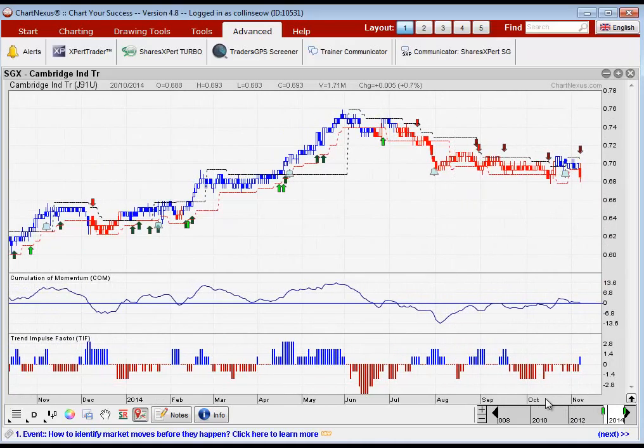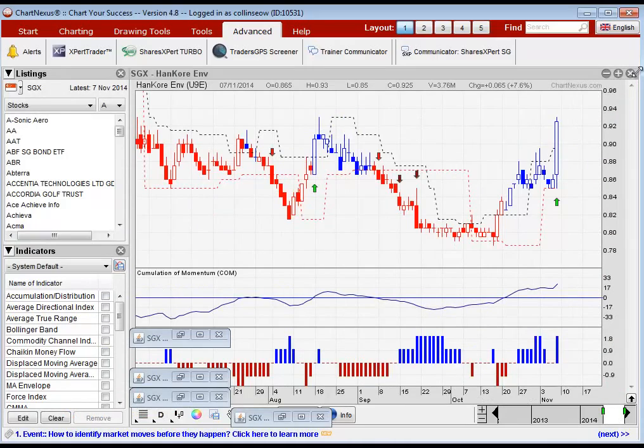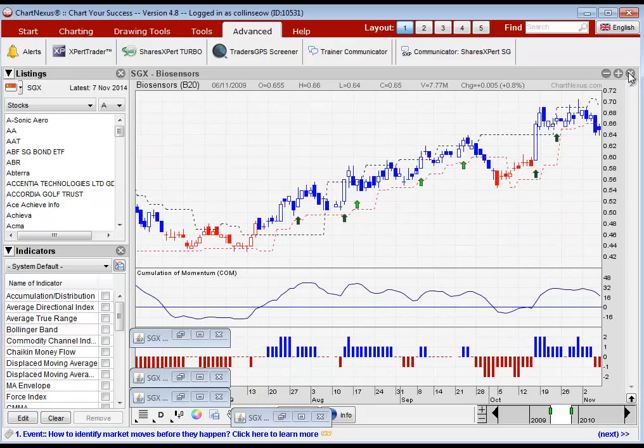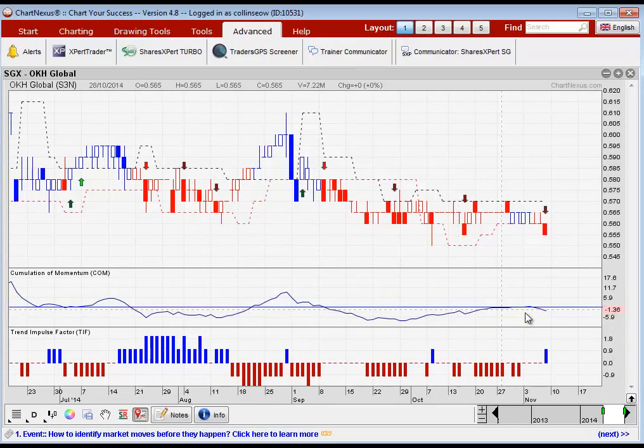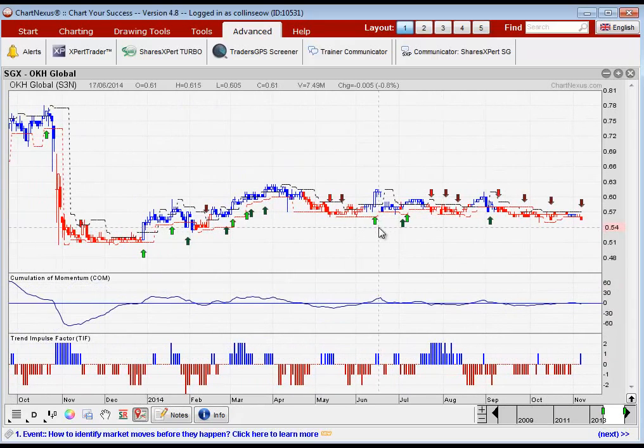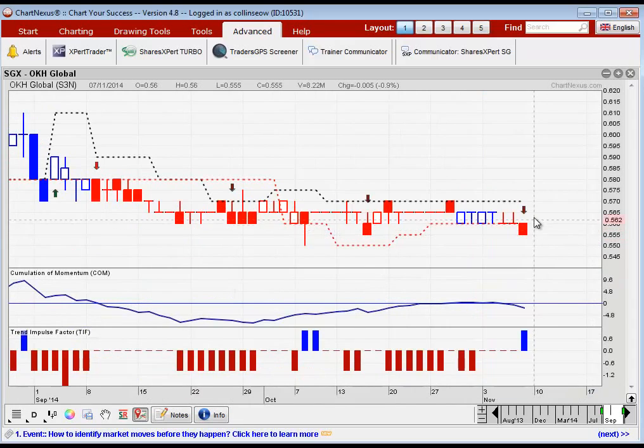So we may take a look at this stock, Cambridge, for shorting. As for OKH, there's a trend impulse factor, but not a very clear trend, so we may not even take this stock.